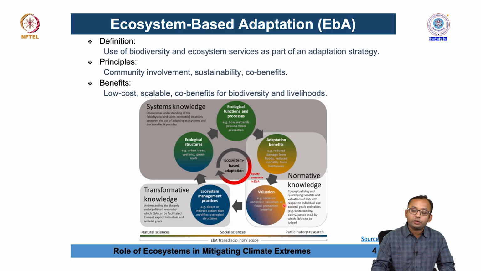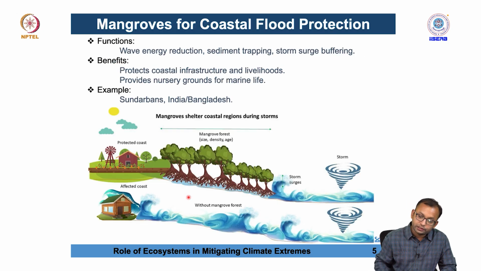Then there is transformative knowledge, where we have to know about direct or indirect actions that modify ecological structures. We have to look at this very carefully when dealing with ecosystem services in the context of climatic extremes.